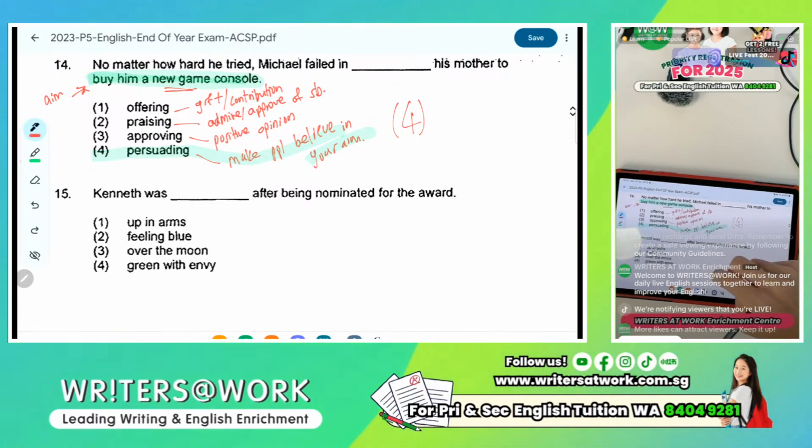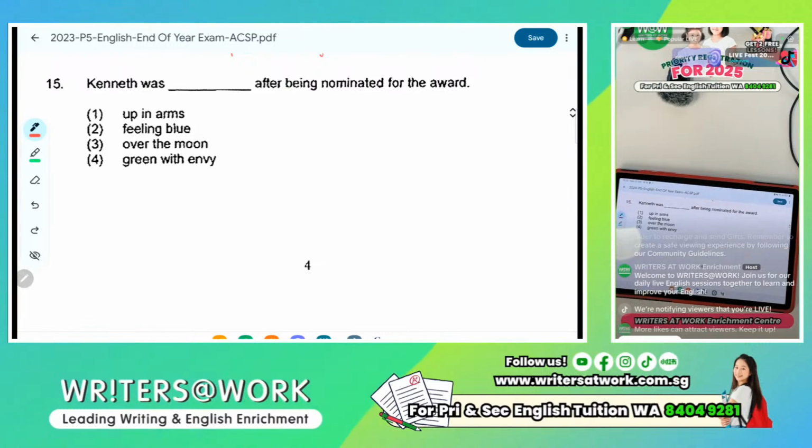Moving on, let's take a look at question 15. Kenneth was dash after being nominated for the award. Over here, we are looking at how this boy has achieved something. So he's likely to be very happy. The first option, up in arms, means that you are angry.